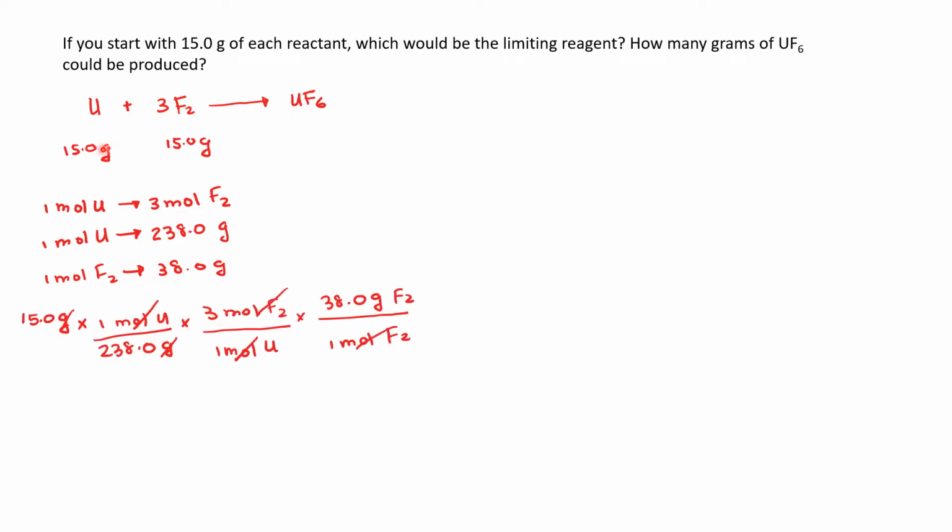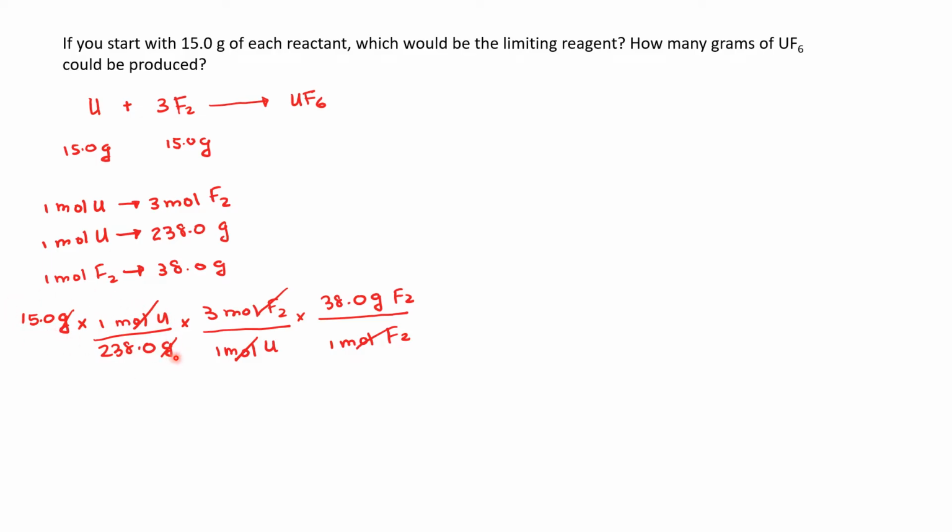When the information is given in mass, you have to convert to moles first. We find the number of moles of uranium first. We start with 15 grams and we know 1 mole of uranium weighs 238.0 grams. You can see units cancel out. This part gives you the number of moles of uranium in 15 grams.